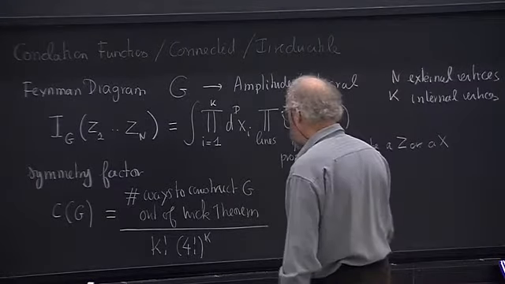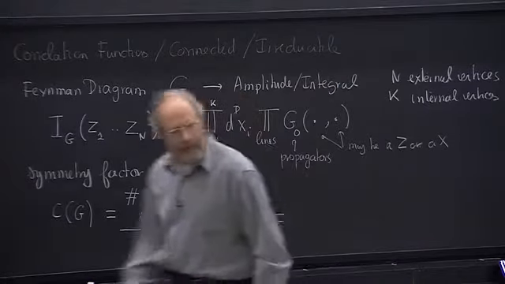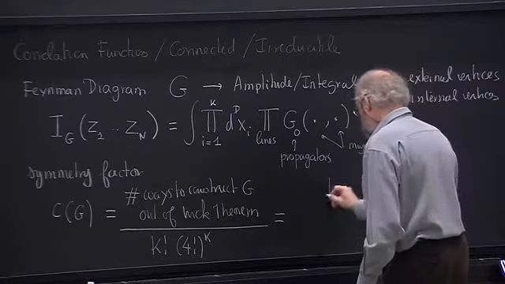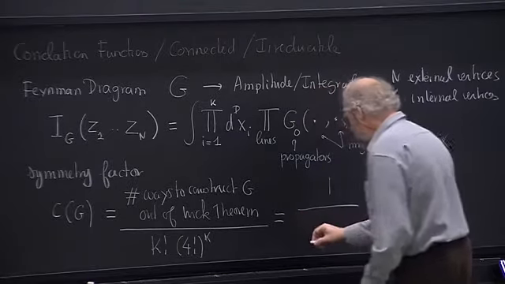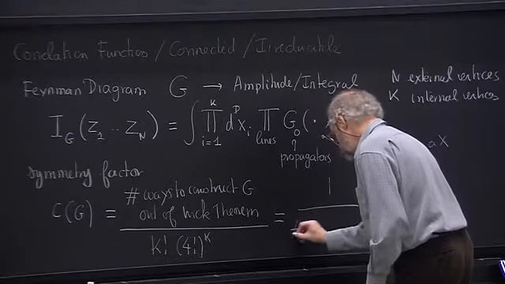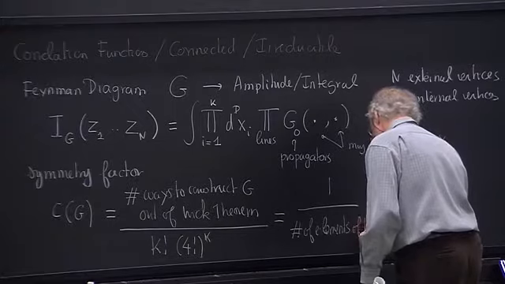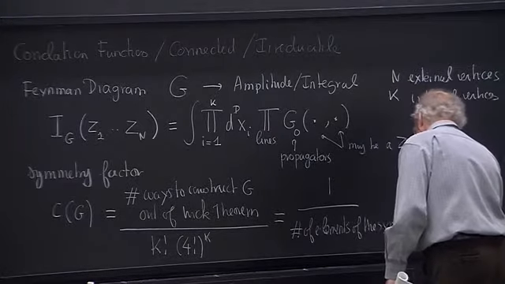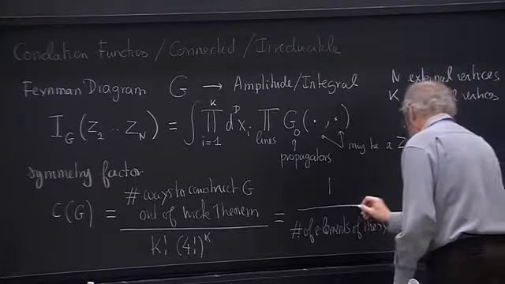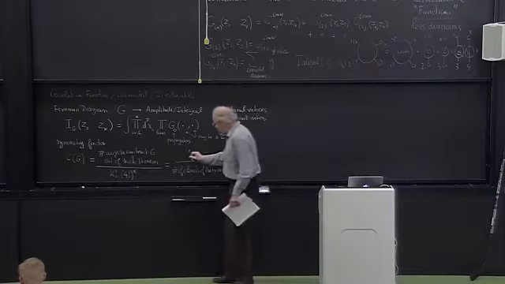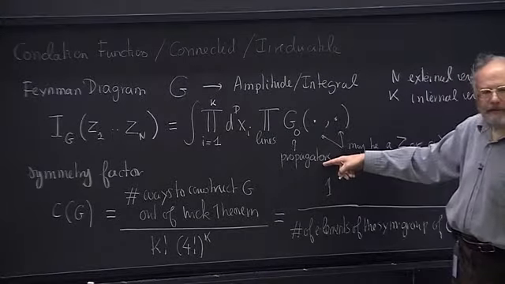Okay, so this is a rational number, but in fact, one can show that this is 1 over the number of elements of the symmetry group of G. So to each diagram in graph theory, you can associate a symmetry group, which is the way you can change labelings of the edges, the propagators, and the vertices.